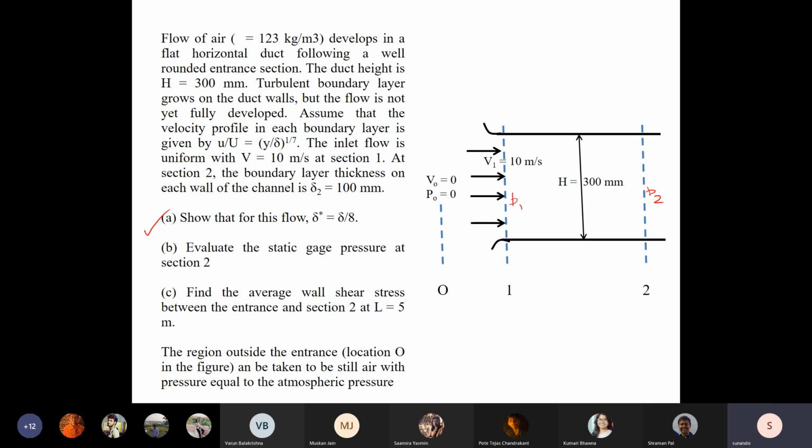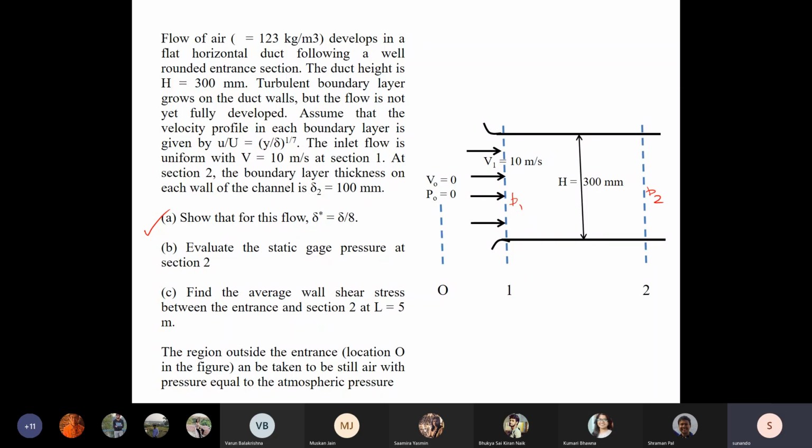I would assume that the width of the duct is too large, so any growth of boundary layer on the side walls will probably not affect my final results. So I neglect that part, and my new area available for flow at location 2 would simply be equal to H minus 2 delta 2 star.